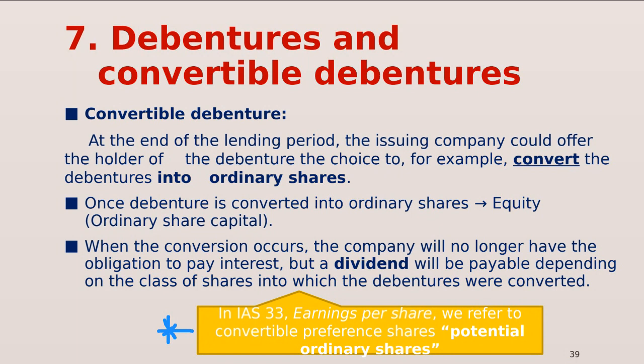Again, there's three methods. It can be at the behest of the holder, so at the option of the holder. It can be at the option of the company, or it can be at a mandatory date in the future, so at a specific time in the future. So under all of these circumstances, these debentures are considered liability. So there isn't that split like we have with preference shares.